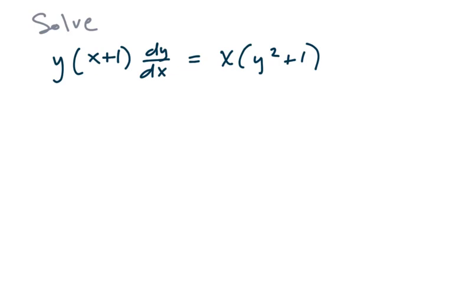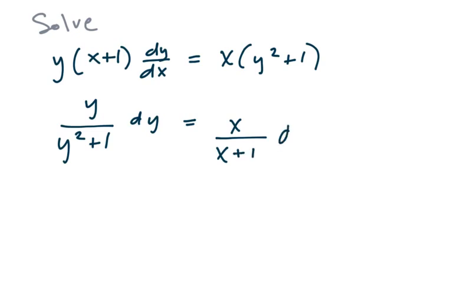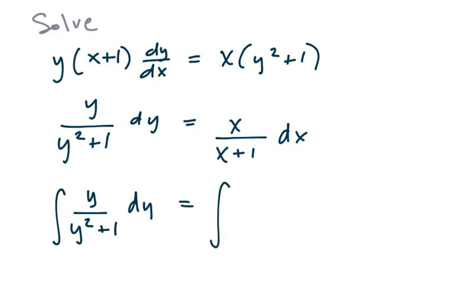So when I do that, I'm going to end up with y over y squared plus 1 dy equals x divided by x plus 1 dx. After this step, we've multiplied and divided on both sides of the equation. We can integrate each side. So I've got the integral of y over y squared plus 1 dy equals the integral of x over x plus 1 dx.